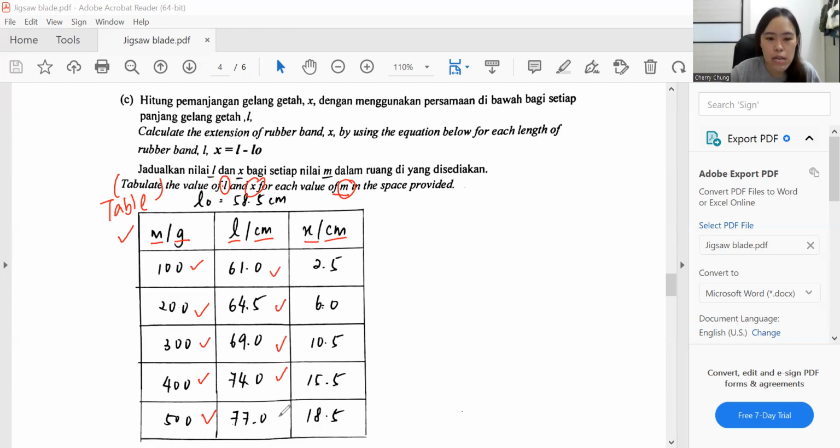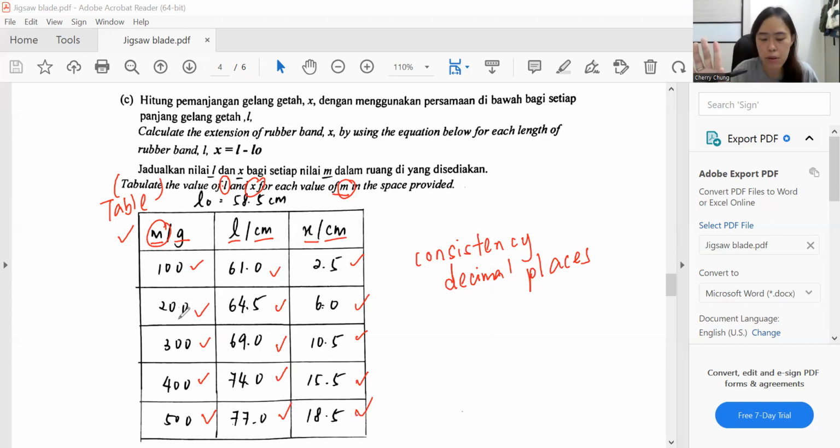In your table, most importantly is the consistency. What is the meaning of consistency here? It is the decimal places. For example, the M, the mass here. If all the values here have no decimal place, don't write any decimal place.